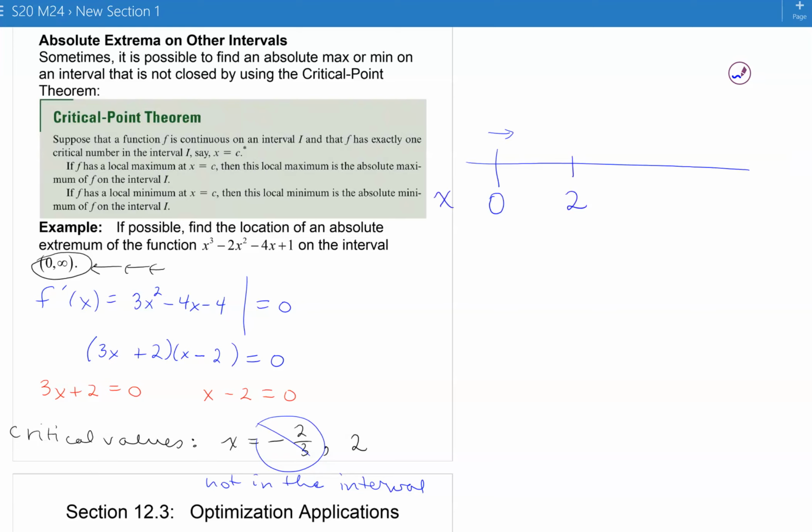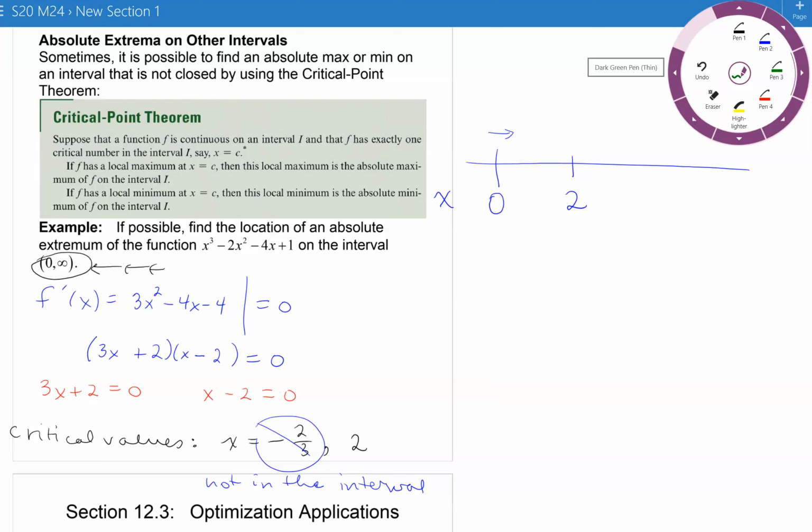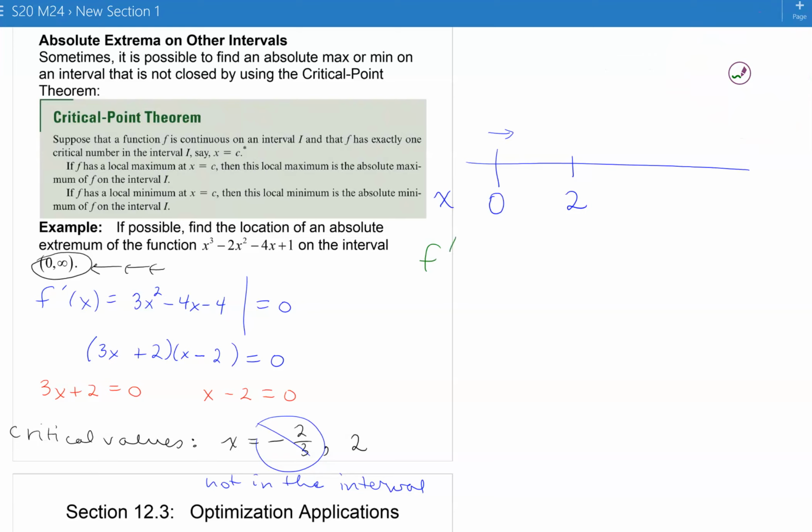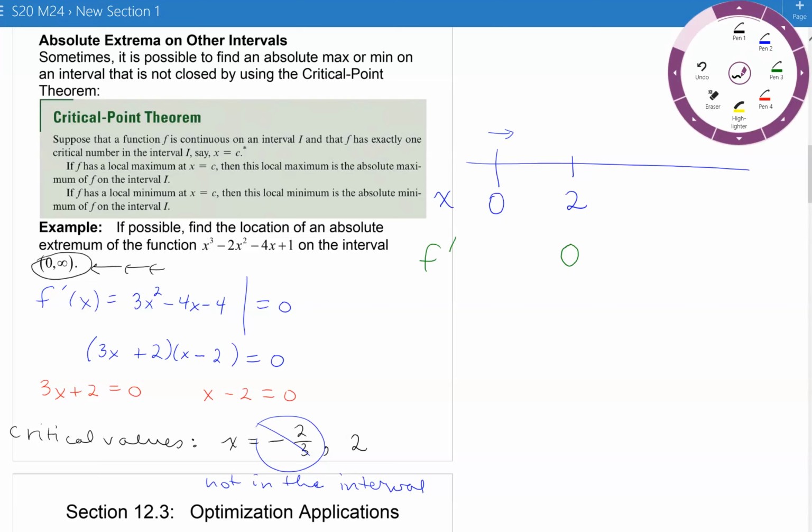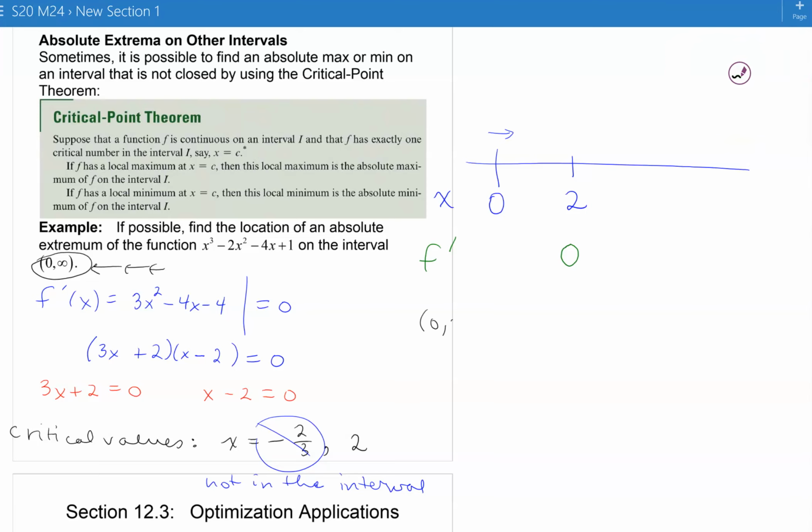So label this row of your chart x values. Then the next row is going to be f prime values. So at x equals 2, f prime is 0. And then we want to know what happens to the left and to the right. So let's pick a point between 0 and 2.